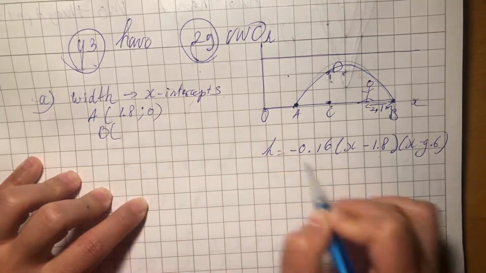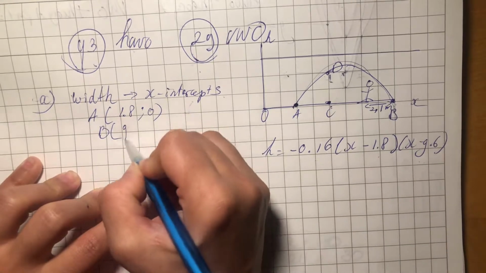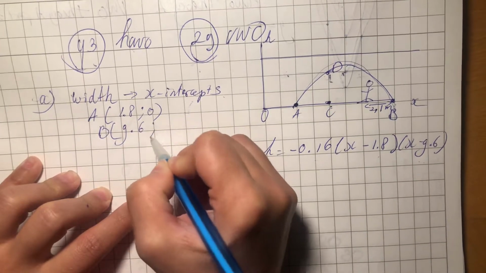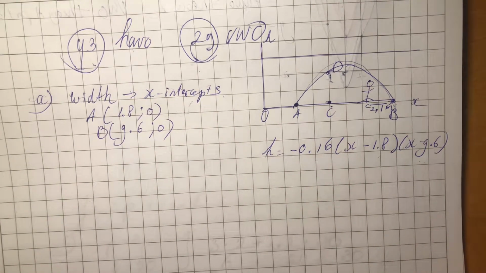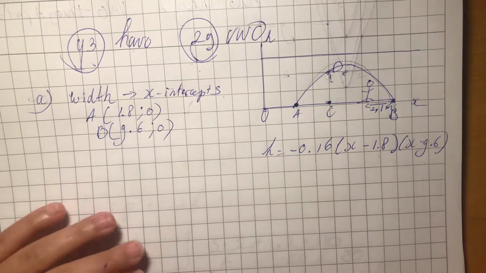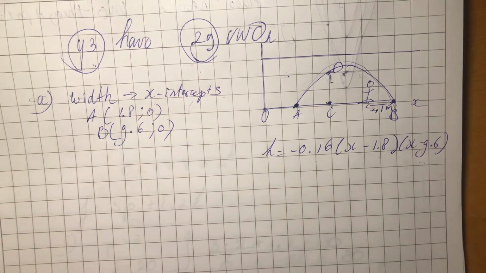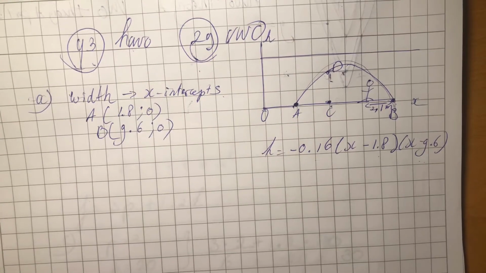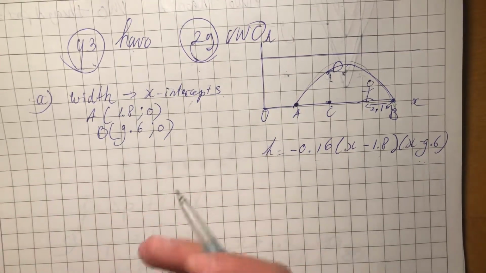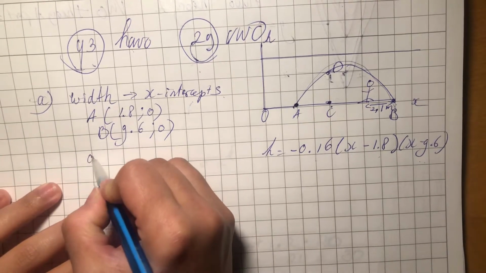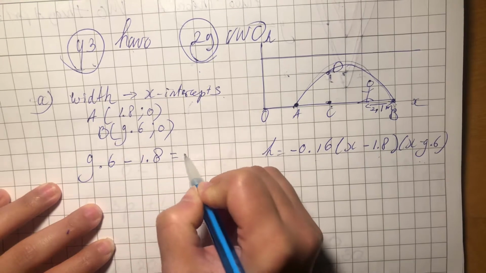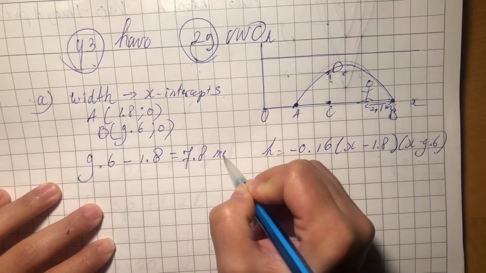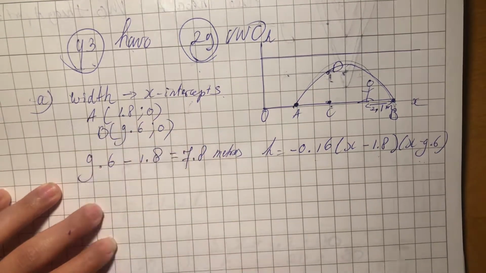And B will be 9.6. Both are positive, which makes sense because when we're talking about meters, the answer has to be positive. We cannot have negative meters. Now, what's the distance between those two? 9.6 minus 1.8 will become 7.8 meters. So we did the width.